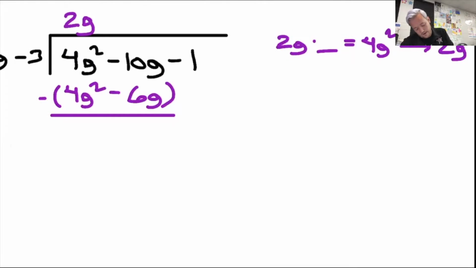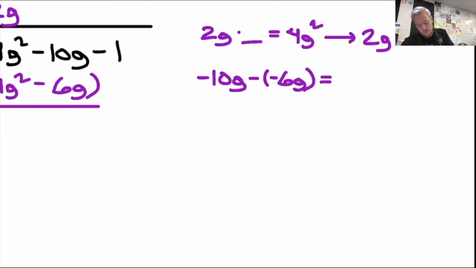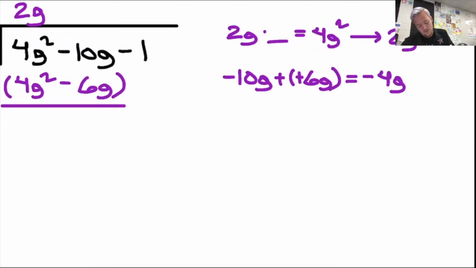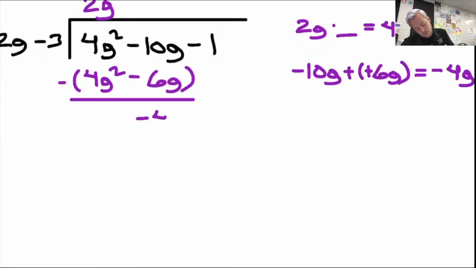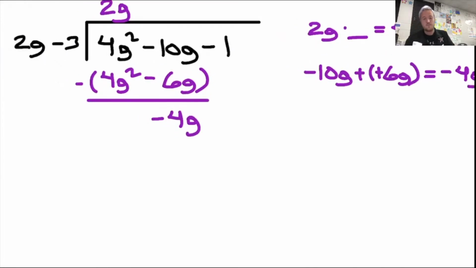Now I'm going to have negative 10g minus negative 6g. So that's going to turn into plus a positive. So you're going to have negative 10 plus 6, which is negative 4g. All right. Now, I can bring down the 1, or negative 1.